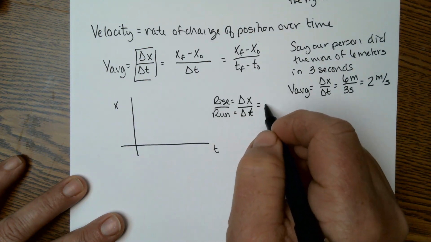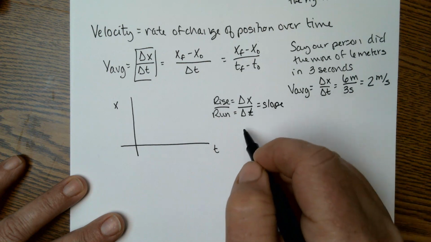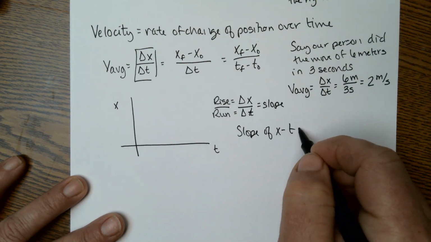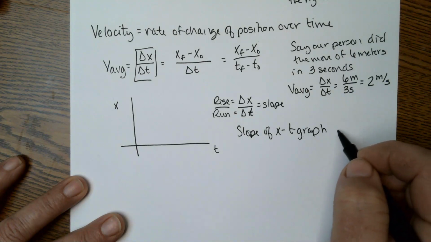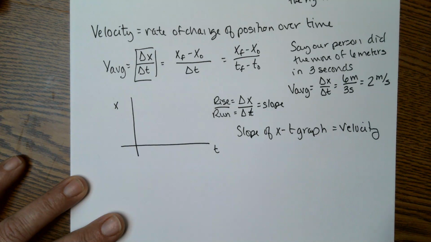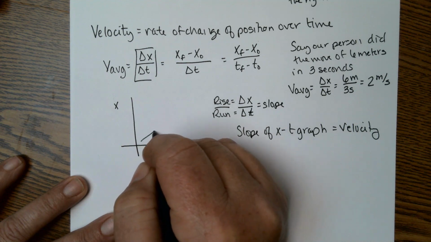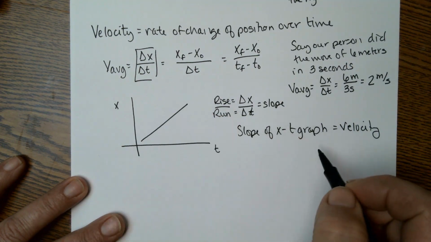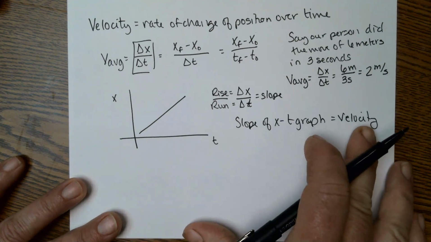Well, that's the slope. So the slope of a xt graph is velocity. That's kind of nice. Okay, so if I have some points and I plot a line and they ask me for what's my average velocity, I just find the slope of that line and there I am.